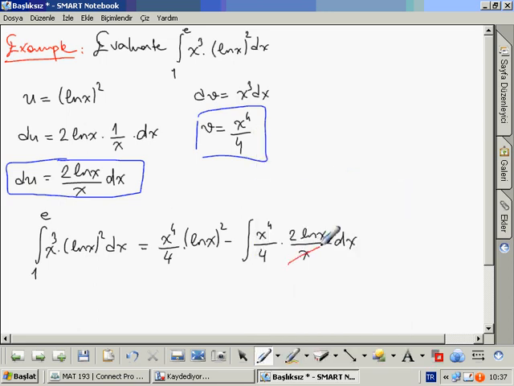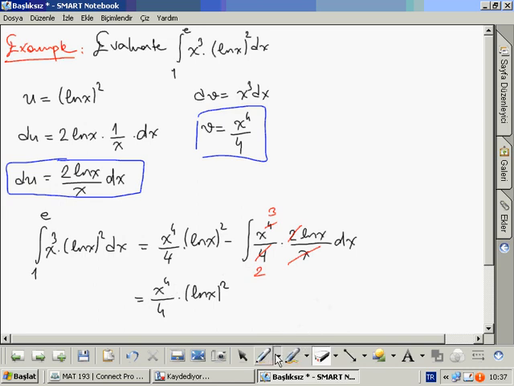This part will be cancelled, and of course this part will be 2, and some simplification.